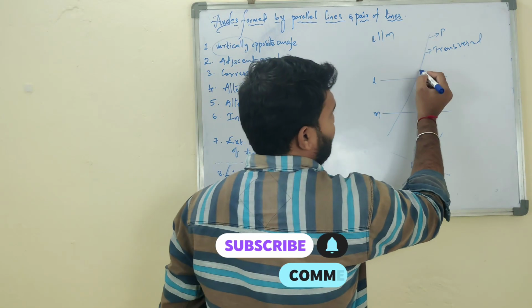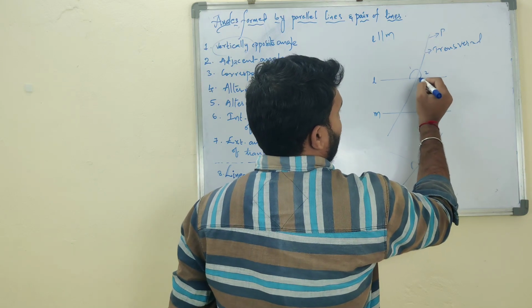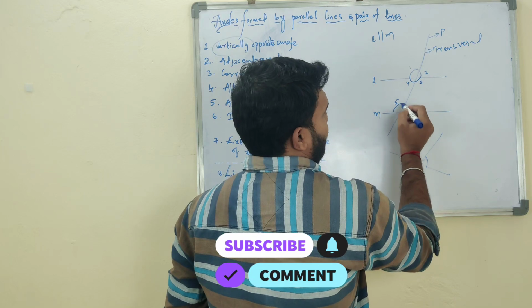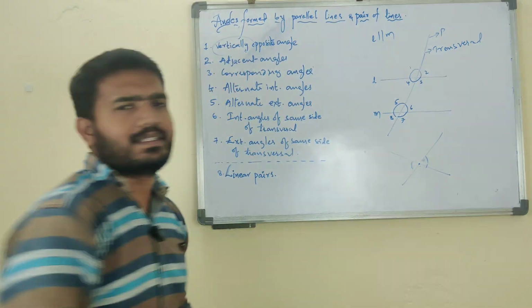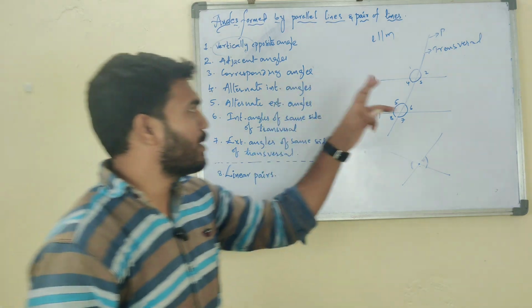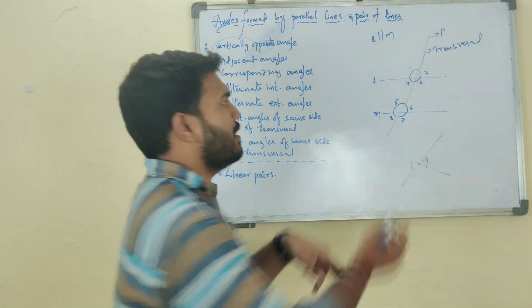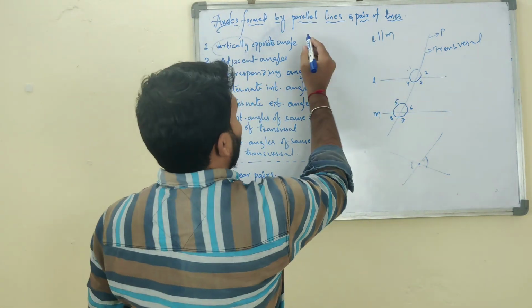So in this case, let's say these are the names of the angles: 1, 2, 3, 4, 5, 6, 7, 8. Now what do vertically opposite angles mean here?